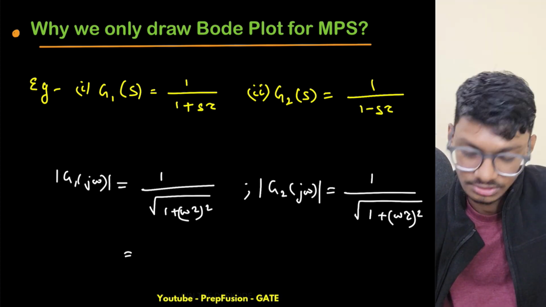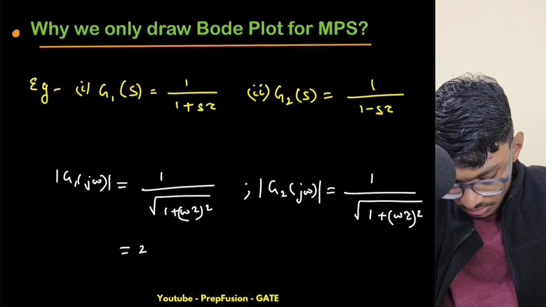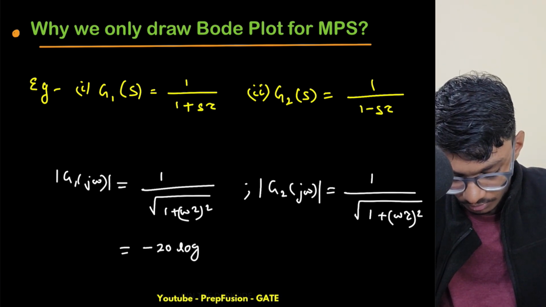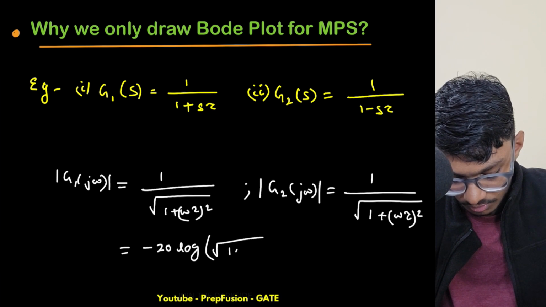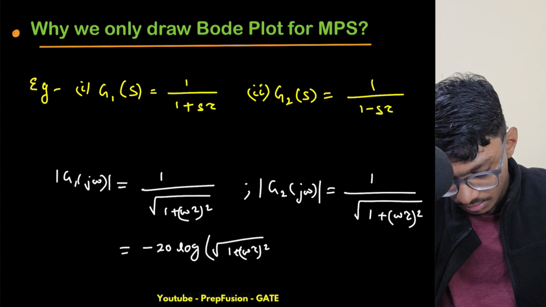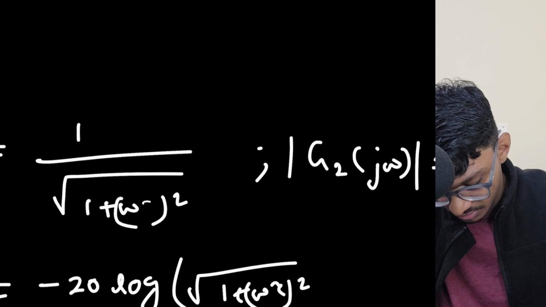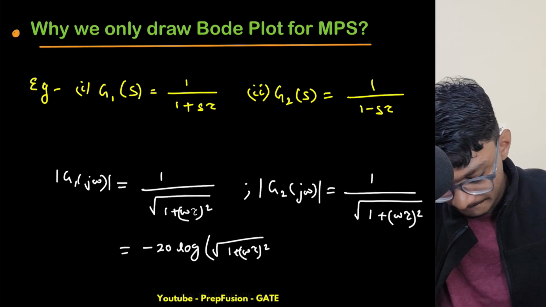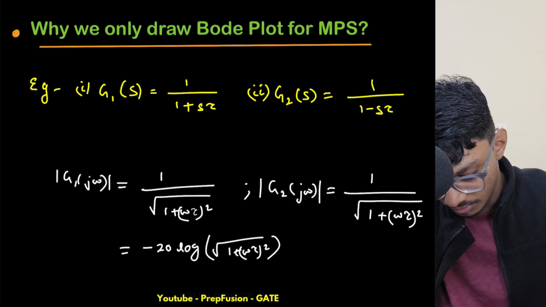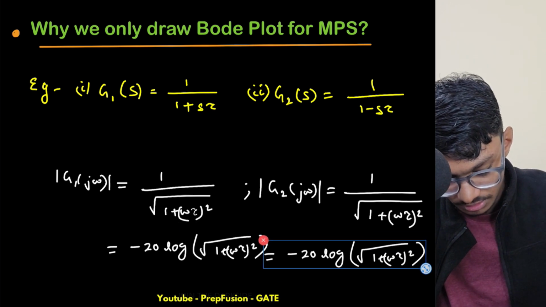Simply this is a slope of minus 20 dB per decade. This we already know, minus 20 log under root 1 plus omega tau whole square. This is looking like a square, but this isn't a square, trust me. This is more of a tau. Here also it is the same, so magnitude is same.